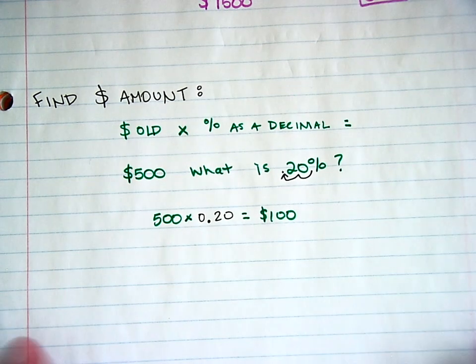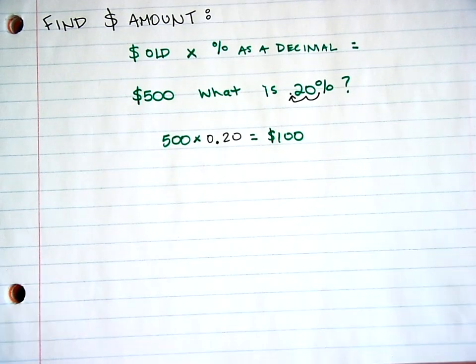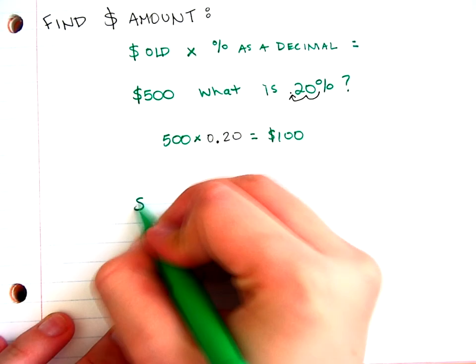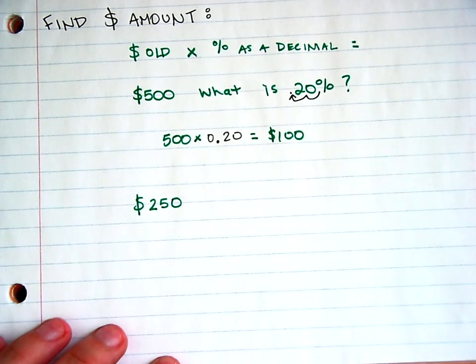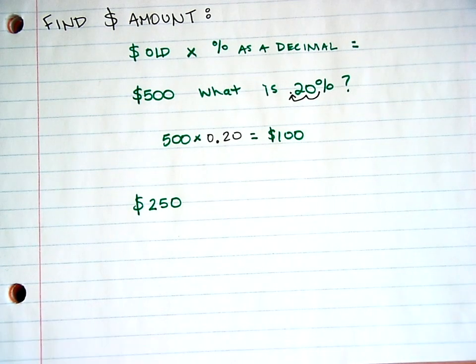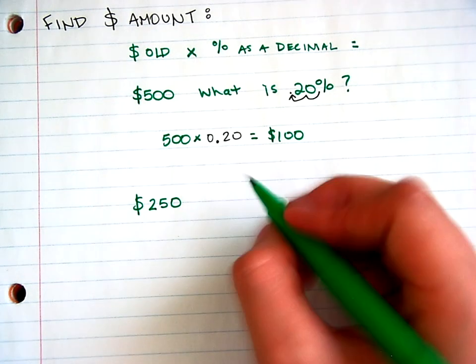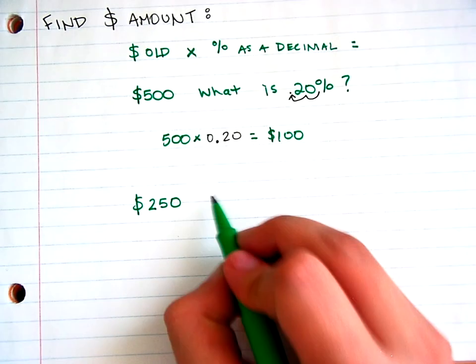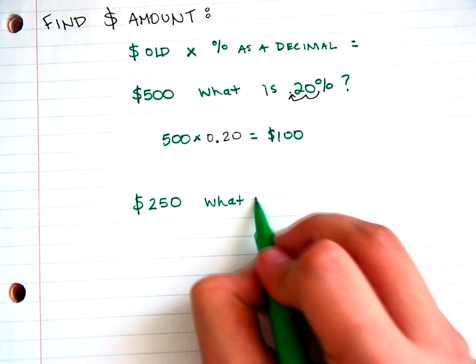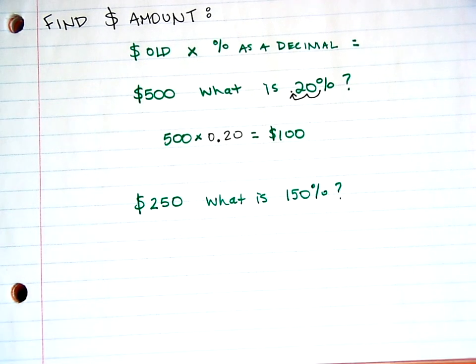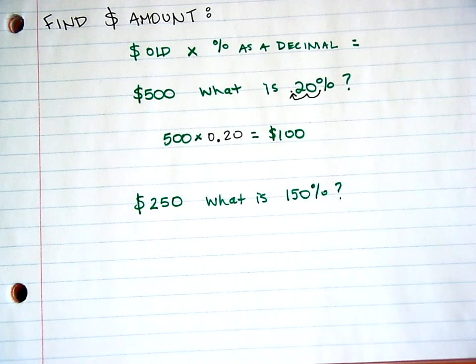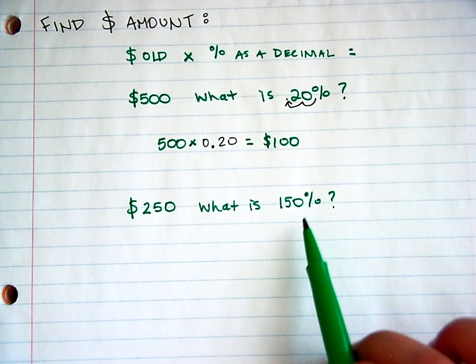Let's try one more. This time I'm going to do a percent that is more than 1. Let's say you have $250 and the price of something increased by 150%. What is 150% of 250? Think about it: 100% is just the full amount plus another 50%.